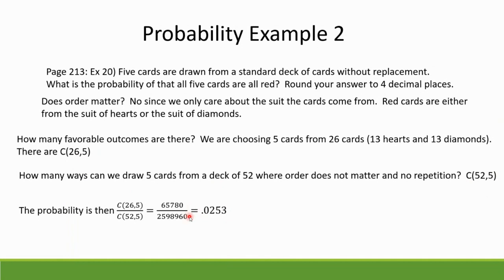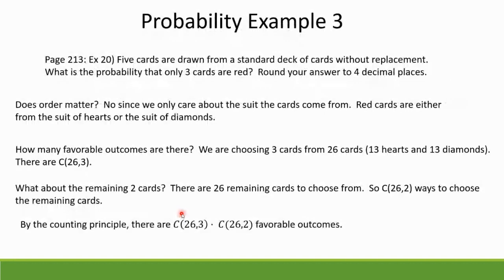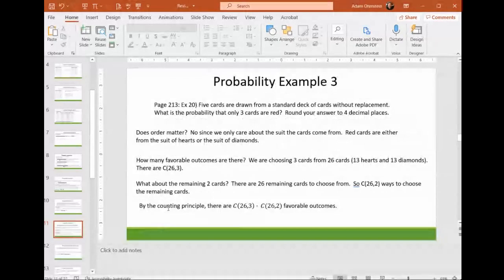You don't have to reduce such a fraction like this or any kind of fraction with probability. I mean, people generally don't reduce them. They don't write them in lowest terms. I mean, it's not wrong to, but I think by convention, people generally don't reduce it though. Are there any questions on this? So here's the next one, okay? This one's a little bit different, as you can see.